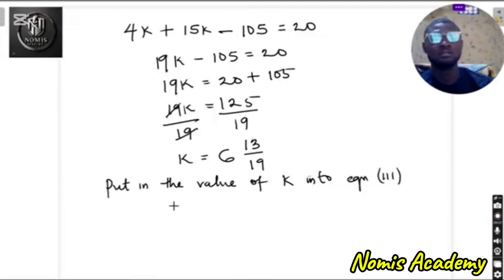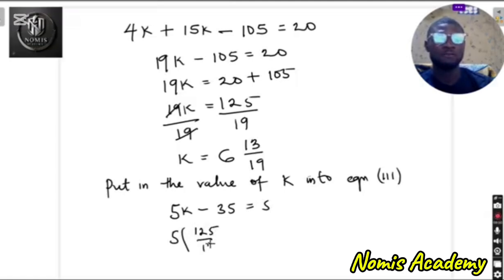So 5 multiplied by k, which is 125 over 19, minus 35. So that will give us the value of s.